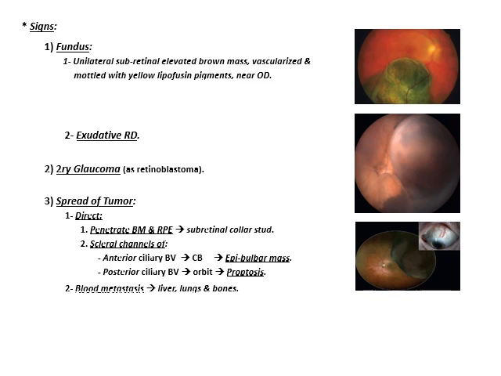The direct spread of the tumor penetrates Bruch's membrane and the retinal pigment epithelium, leading to a subretinal collar-stud tumor. Or it passes through scleral channels of anterior ciliary blood vessels, reaching the ciliary body, leading to an episcleral mass. Or it spreads through posterior ciliary blood vessels to the orbit, causing proptosis. Or through blood metastasis it reaches the liver, lungs and bones.